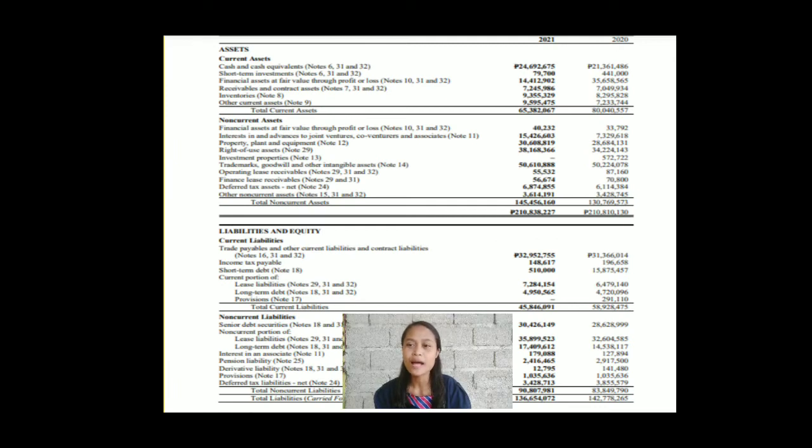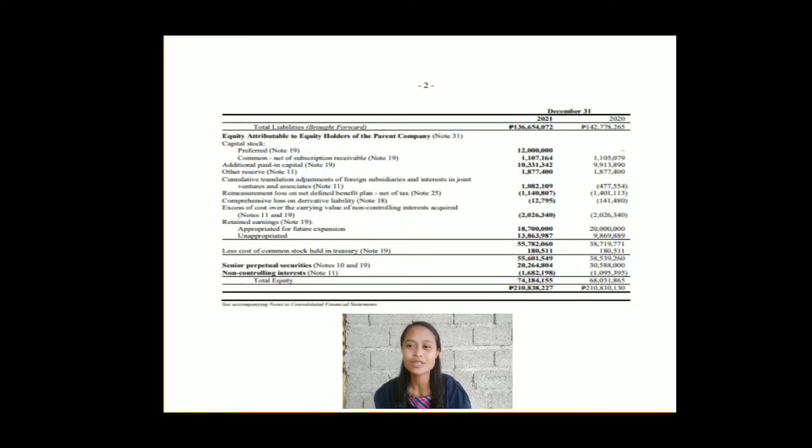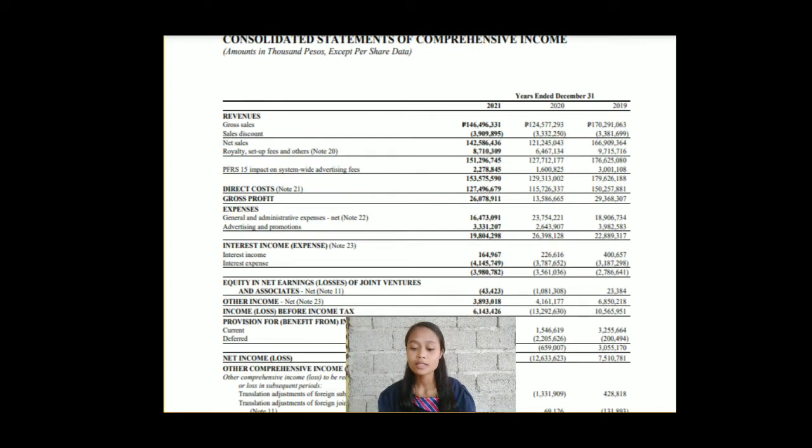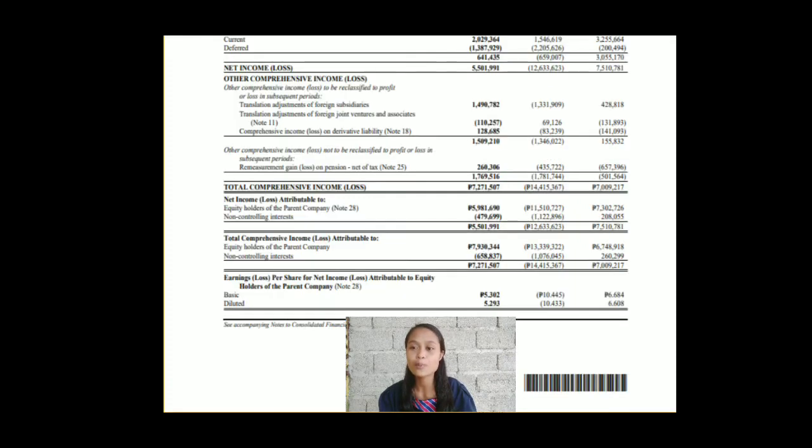Presenting to you the balance sheet of Jollibee Foods Corporation for the year 2020 and 2021, as well as the consolidated statements of comprehensive income, or the income statement, of Jollibee Foods Corporation for the year 2019, 2020, and 2021.